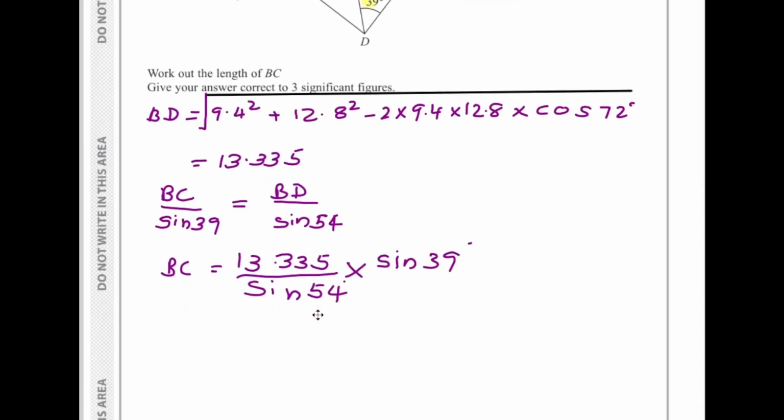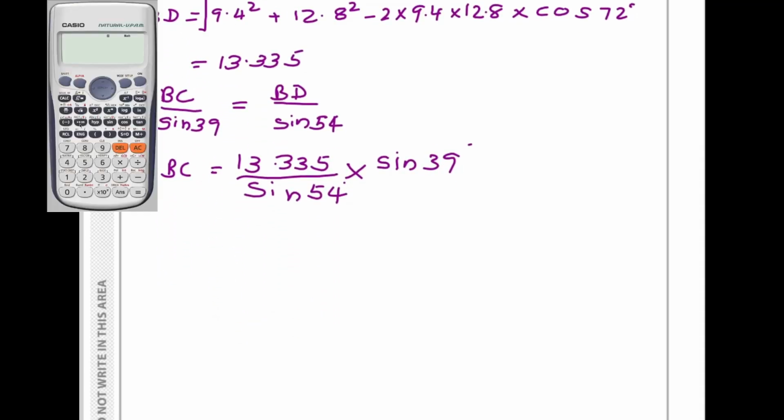Let's use the calculator straight away. 13.335 over sine 54 into sine 39.